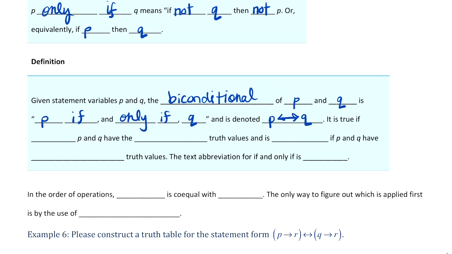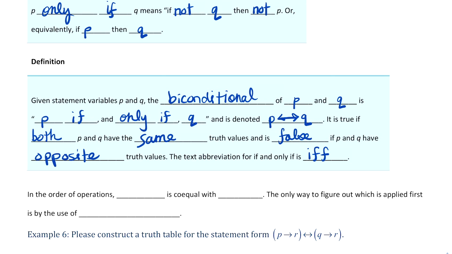Right? It is true if both P and Q have the same truth values and is false if P and Q have opposite truth values. The text abbreviation for if and only if is IFF.